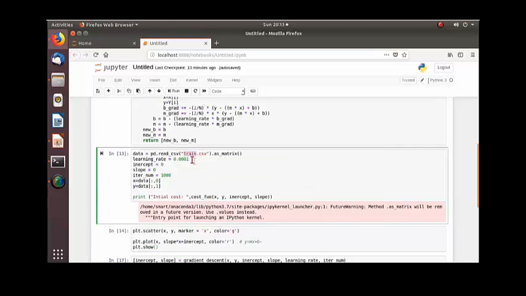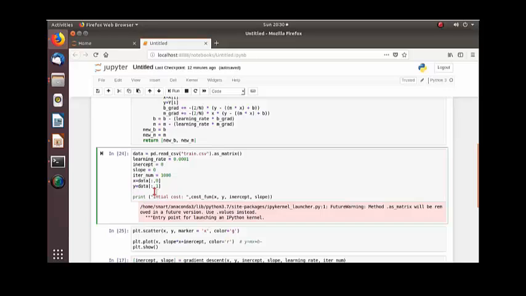I use 0.0001 as the learning rate, intercept 0, slope 0. These are the initial values of intercept and slope. Iterations 1000, x as input variable, y as output variable.